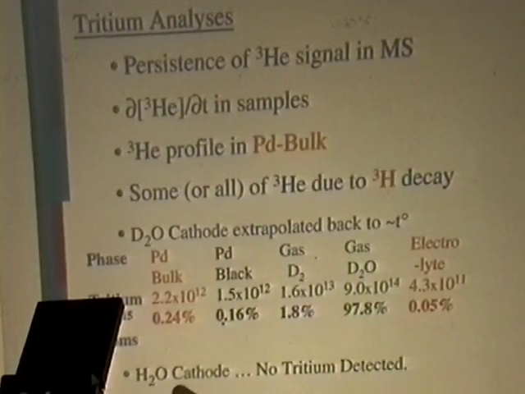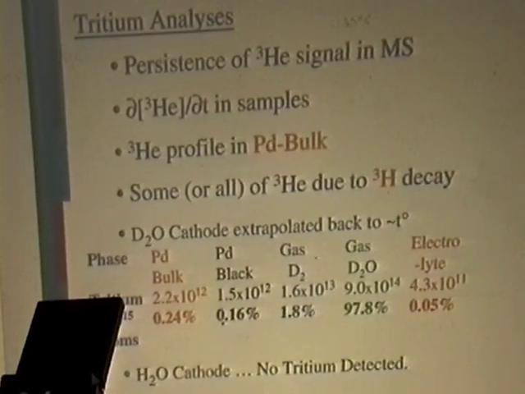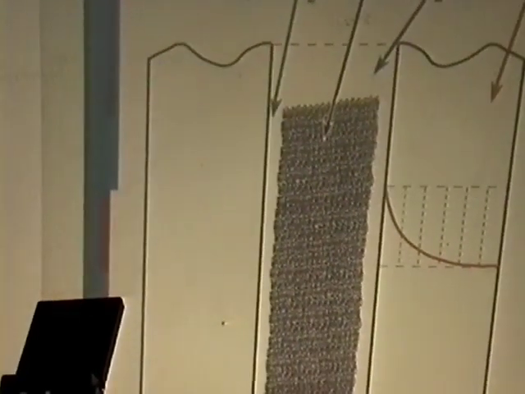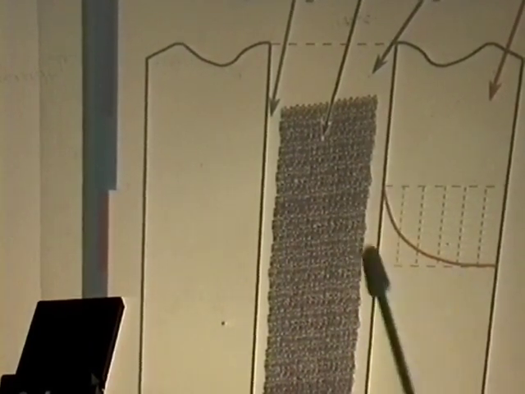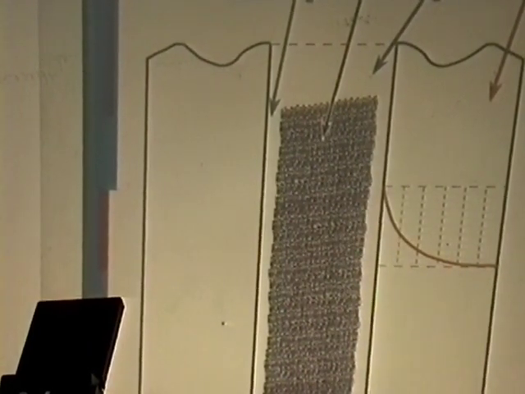And to complete that story, in the light water blank, we observed no anomalies in helium-3 and no tritium. And I just have the picture here of the gradient of composition of helium-3 as we observe it in the metal wall. Something as shown here.